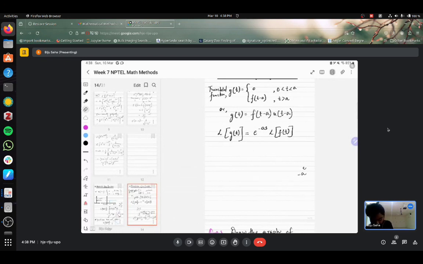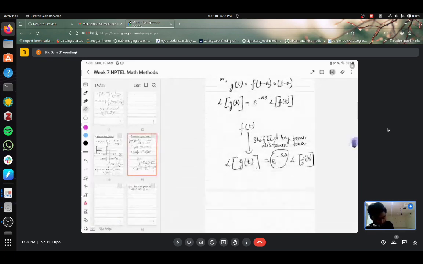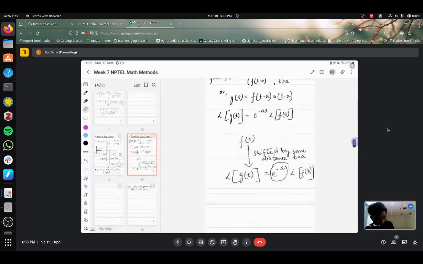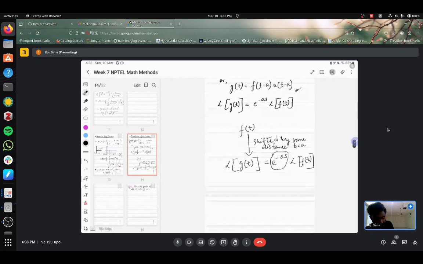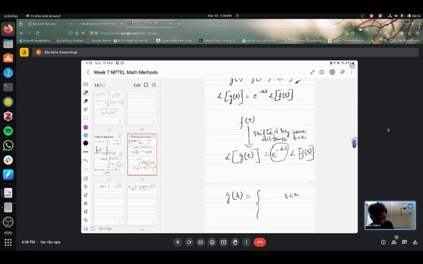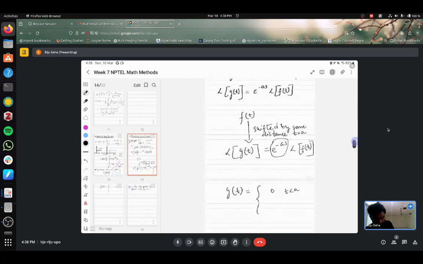Let me go to the next page. We defined a step function in between actually. So here is the step function. That step function says that for values less than a, my step function is 0. That is why the function becomes 0.